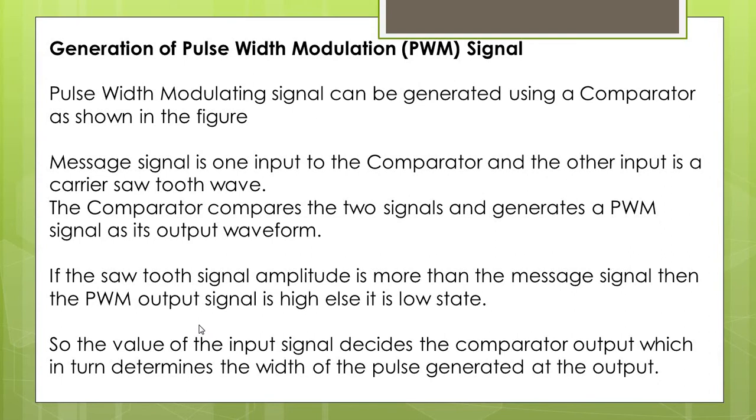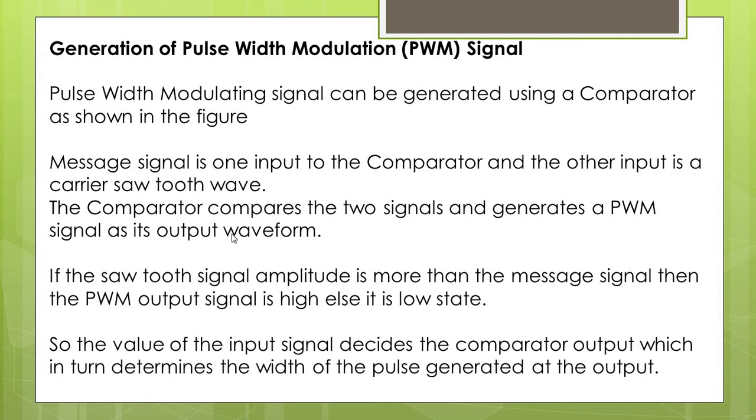Pulse width modulation can be generated by using a simple comparator. We can take a simple comparator and apply two signals as its input. One is the message signal, the second is the carrier sawtooth waveform. The comparator compares these two signals and generates a pulse width modulated signal at the output. Here it checks for two conditions.